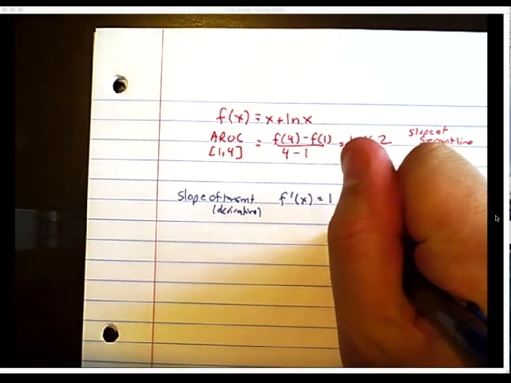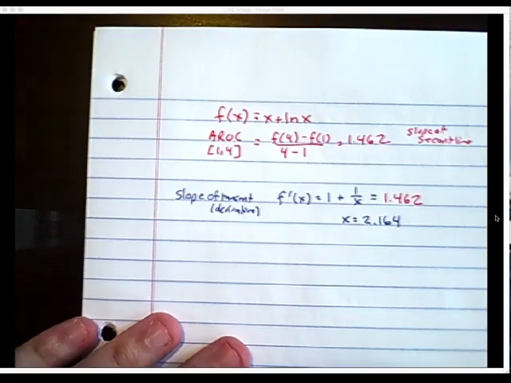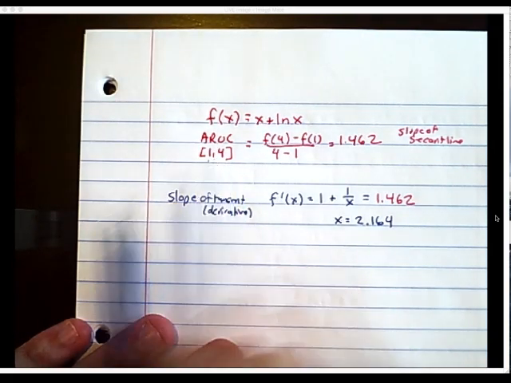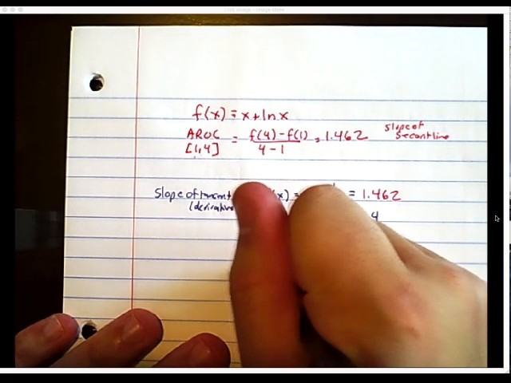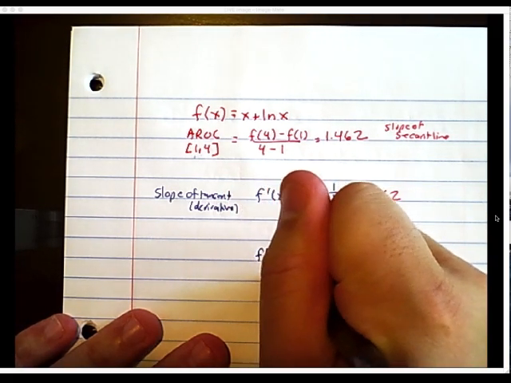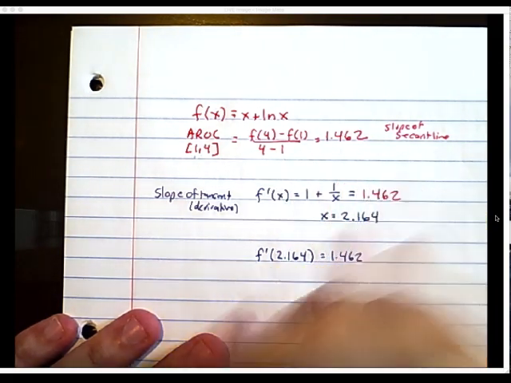So that only works when x equals 2.164, which is a number between 1 and 4. So if I take f prime of 2.164, it should come out to 1.462.